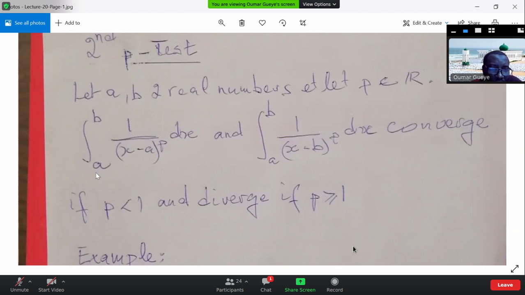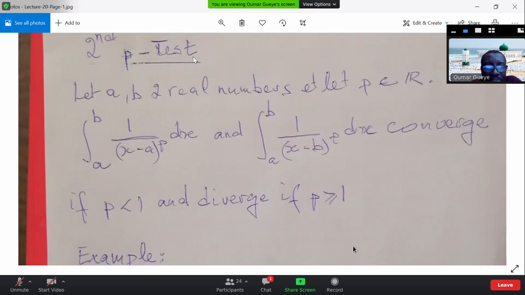Even if you don't have infinity, it's an improper integral because this function 1 over x minus a is undefined at a, because when you substitute x by a, you get 1 over 0. That's why this is an improper integral. It's similar to the example that we did at the beginning of the class. The second integral is also type 2 because when x equals b, it's going to be undefined. So this one is improper because of a, the second one because of b.